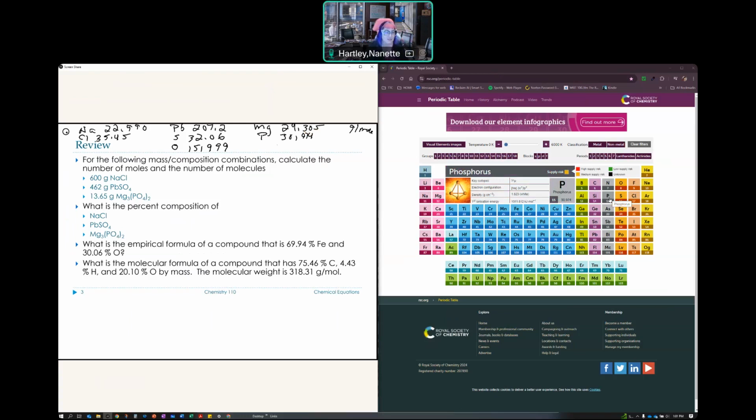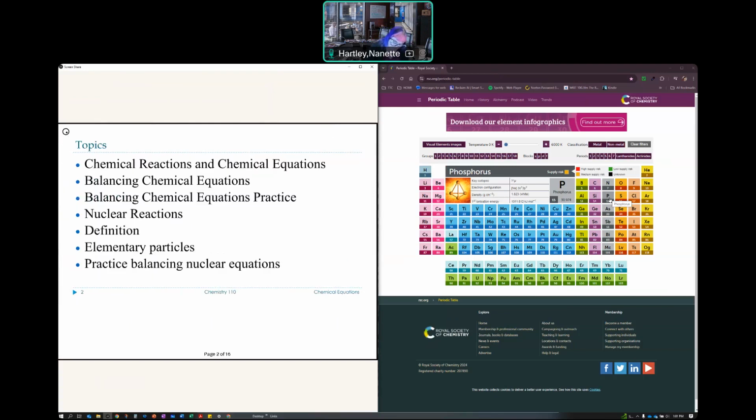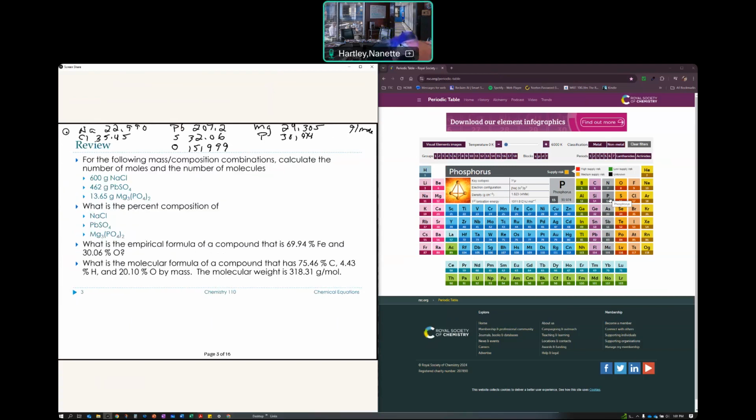So that means that my sodium chloride is 22.990 plus 35.45, which gives me 58.44 grams per mole.